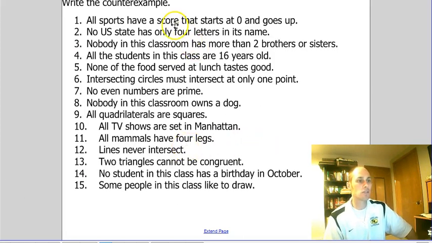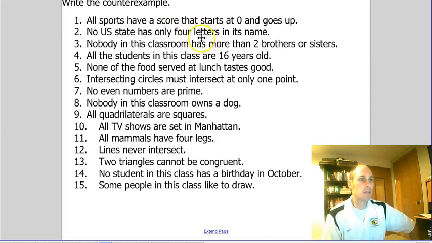Okay, so conjectures can come in many different formats. Here are some conjectures. See if you can come up with a counterexample as we're going through these. 1, all sports have a score that starts at 0 and goes up. Well, I can think of one. Golf. Golf starts at 0, but sometimes your score goes down if you're a good golfer.